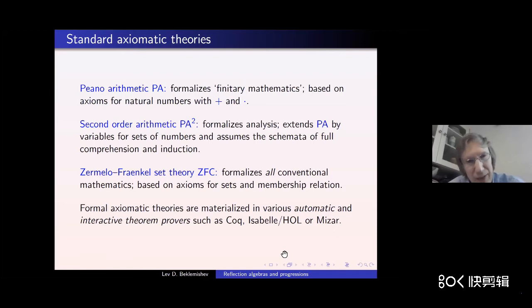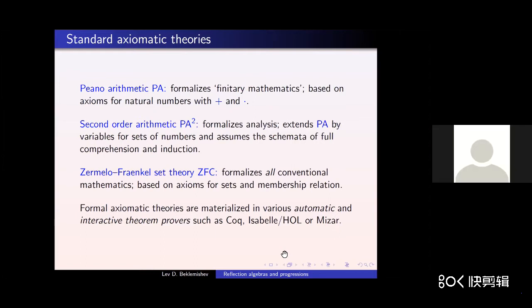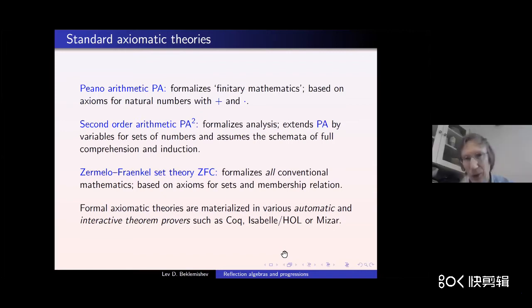And then there is the well-known Zermelo-Fraenkel set theory ZFC with the axiom of choice that is believed to formalize practically all conventional mathematics. It is based on the abstract concept of set and membership. So these are the three main cornerstones of formalized mathematics as seen in mathematical logic.